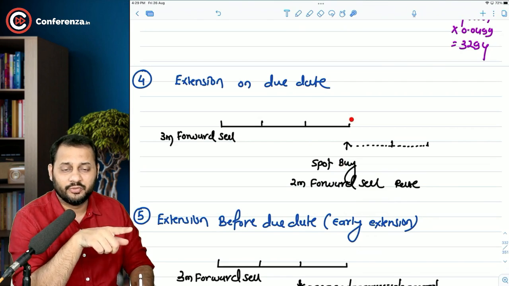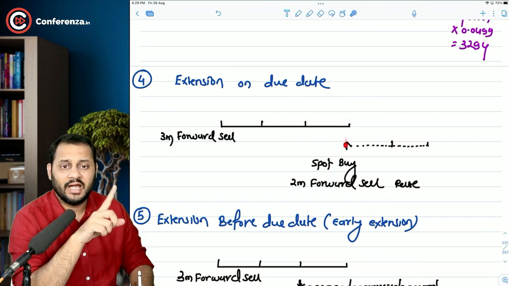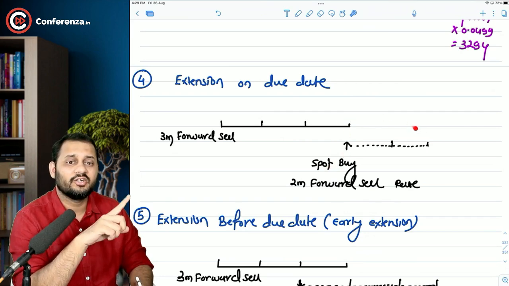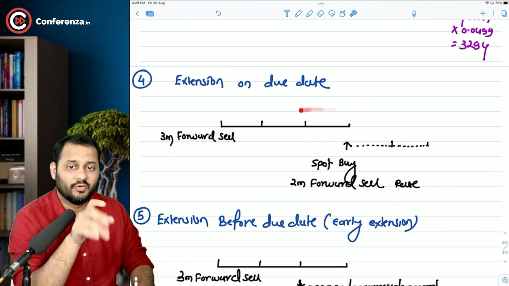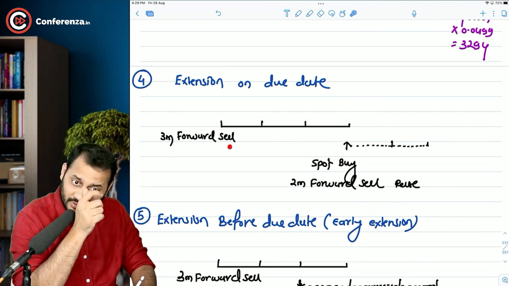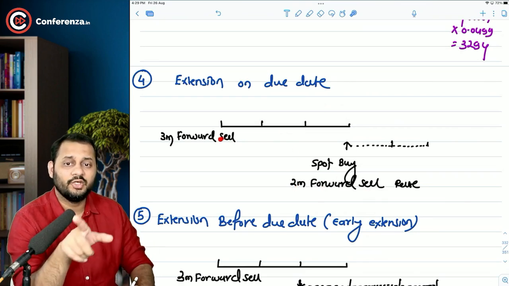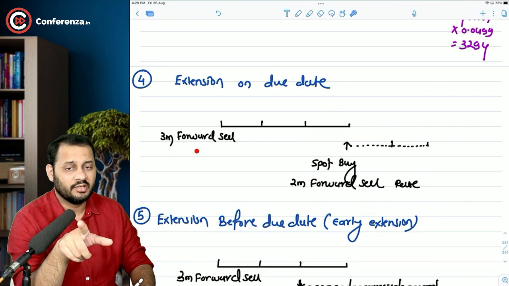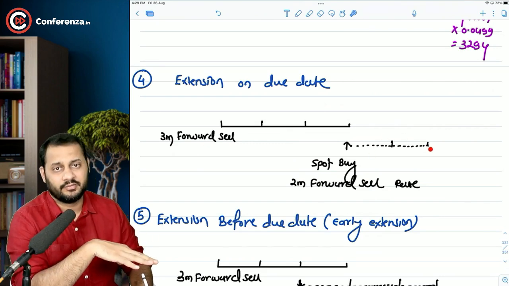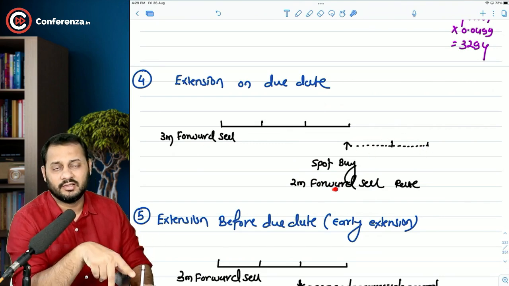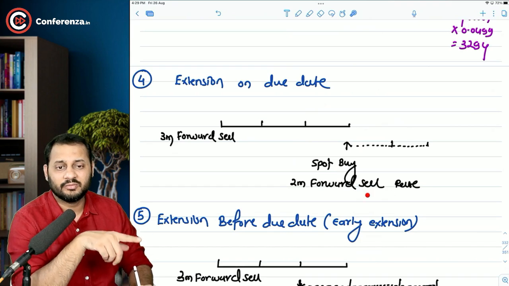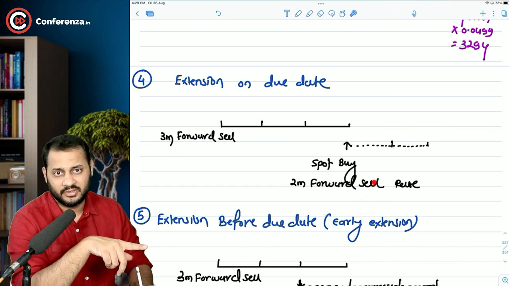And because it's on due date, forward will be cancelled with the spot, because the maturity should be the same. And from this point, you want to extend the contract by 2 months and you want to sell it, because you wanted to sell it earlier as well. So 2-month forward sell. Again, you entered into such a contract, but now for the balance period, 2-month forward sell. So we will take the rate. If this is from the bank's angle, ask rate will be applicable.